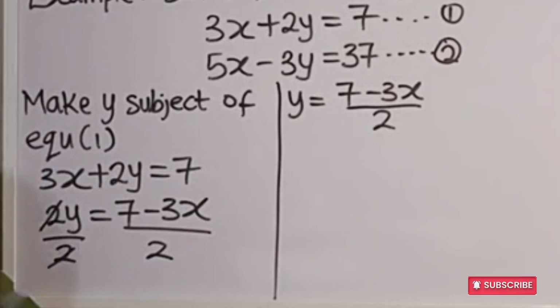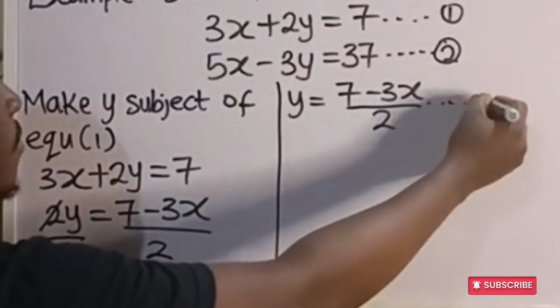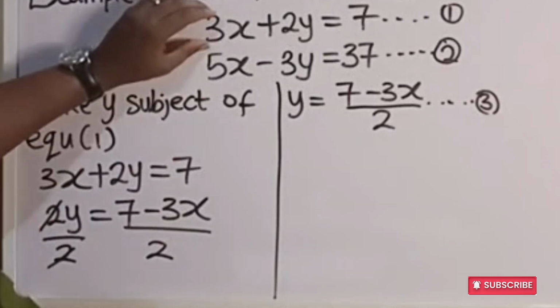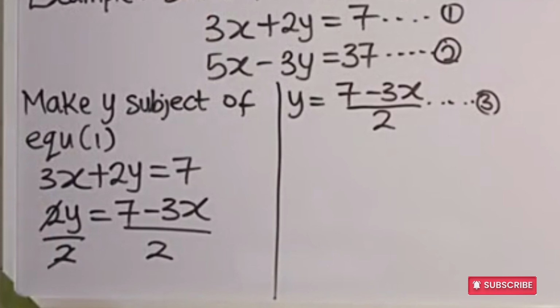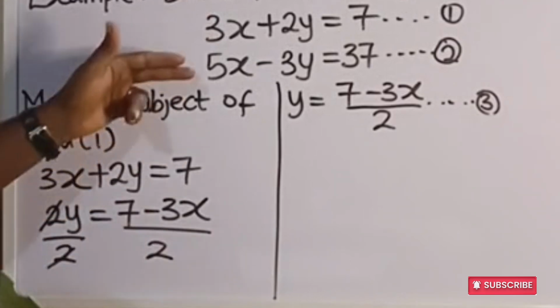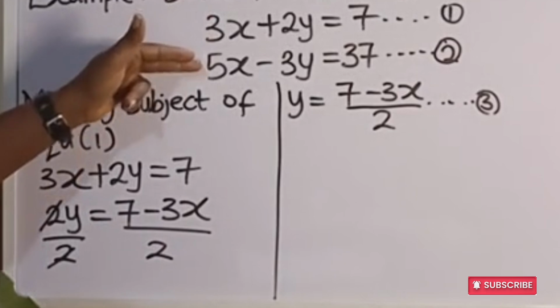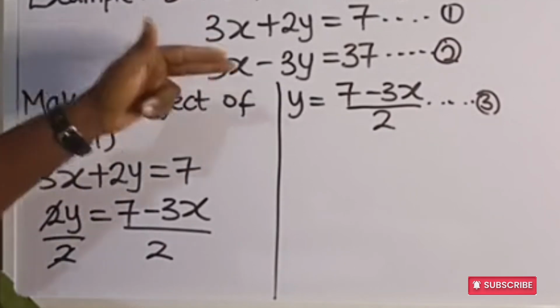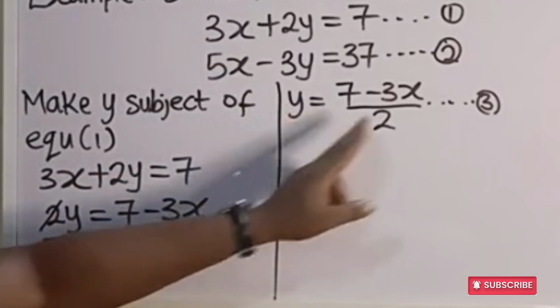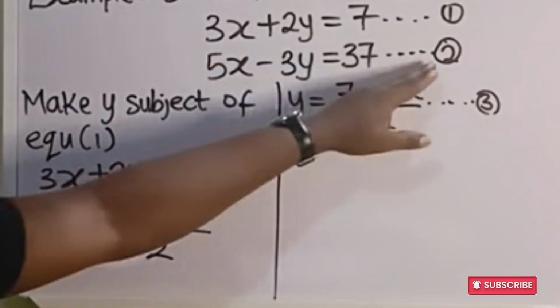We can call this equation 3. We started with equation 1, therefore, when we want to substitute, we are going to substitute into equation 2. So we are going to substitute y in equation 3 into equation 2.